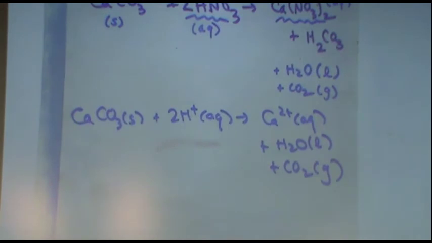Okay, next. Yes? I was wondering about the Roman numerals for naming metals. Does aluminum, you always put... Aluminum's always going to be 3, so you don't have to do that. How would you know that? I guess because I just told you that.